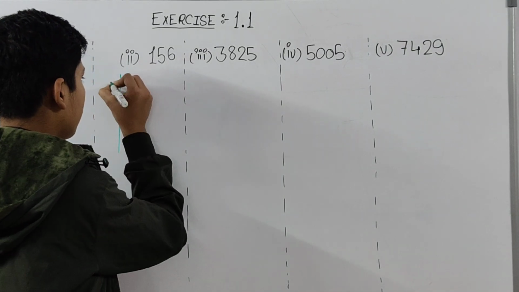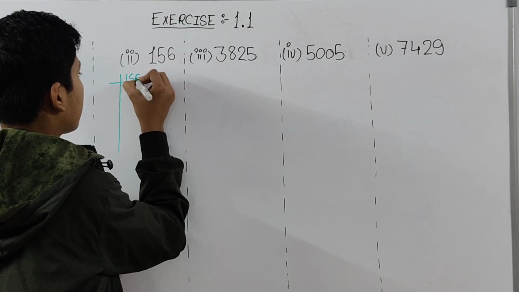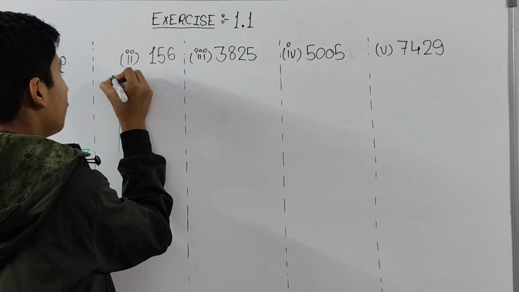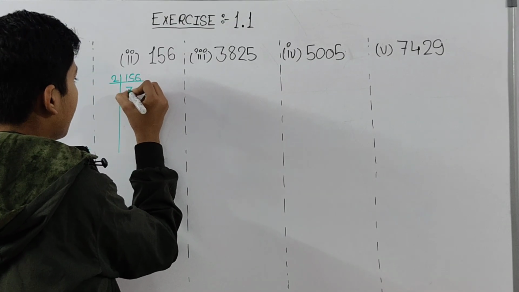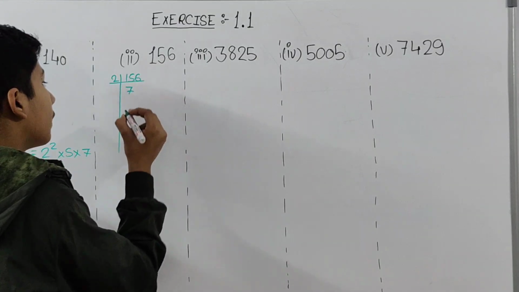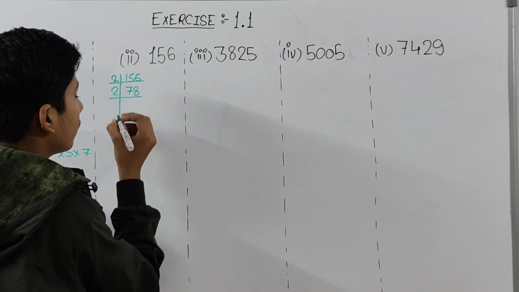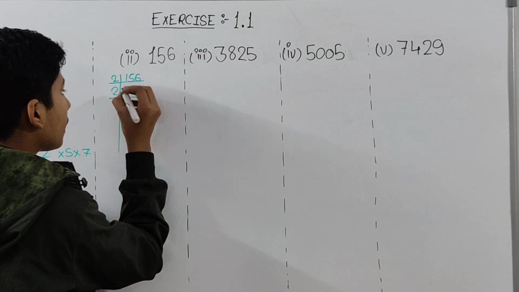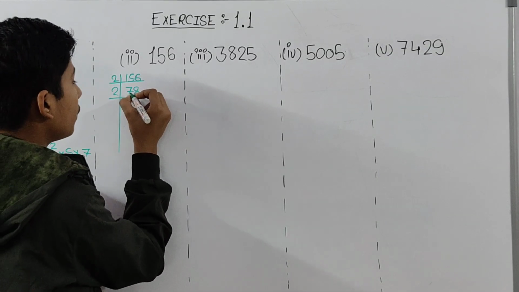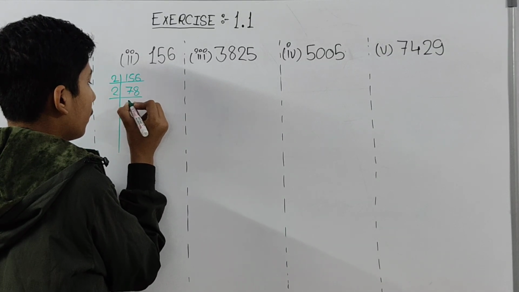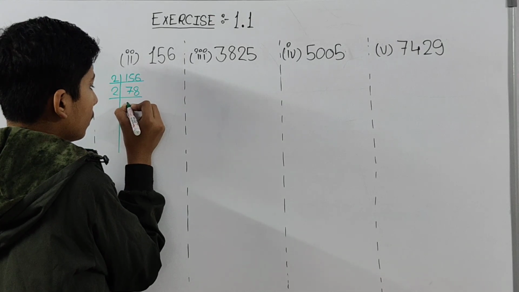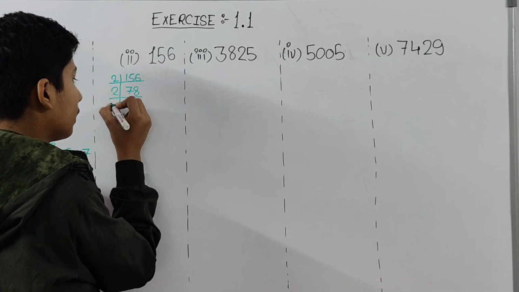156. So firstly, we'll do with 2. 2 sevens are 14, 14 plus 8, 78. Again 2. Now from 2 it would be 39.